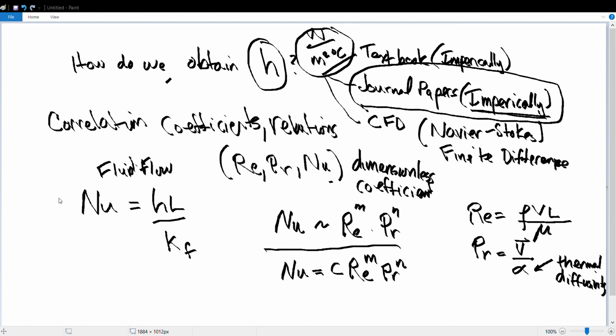And then there are also heat transfer coefficients or Nusselt numbers associated with flow over banks, like tube banks. They don't have to be tubes, they can be solid sections, rectangular or circular like this, and there'll be relations there as well. So here we go.